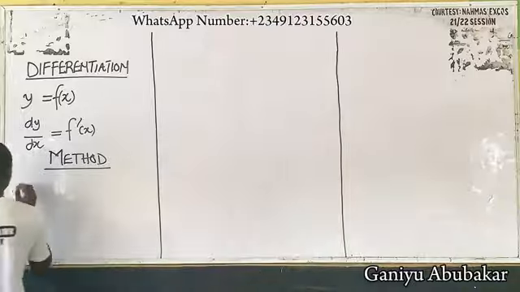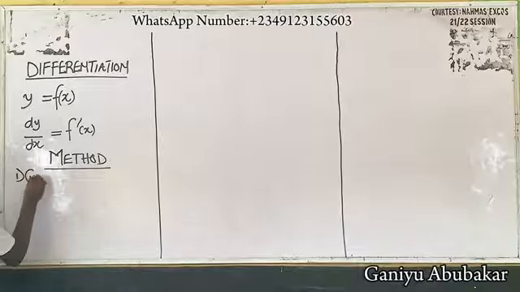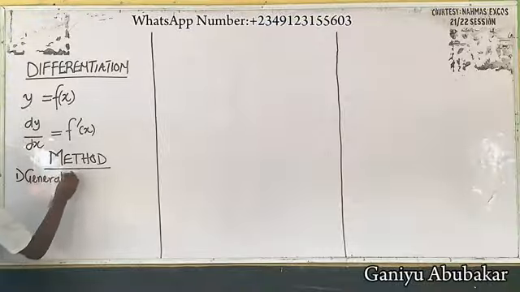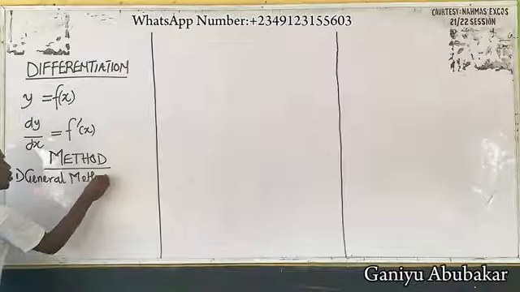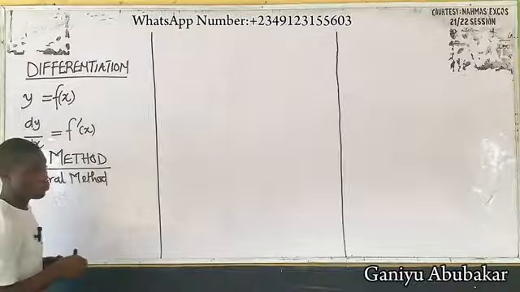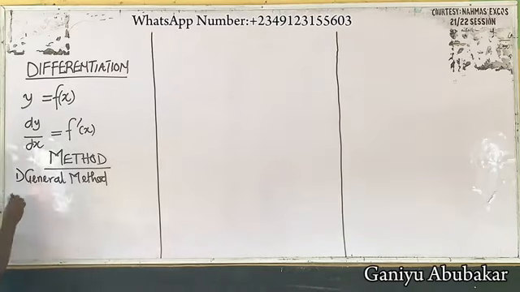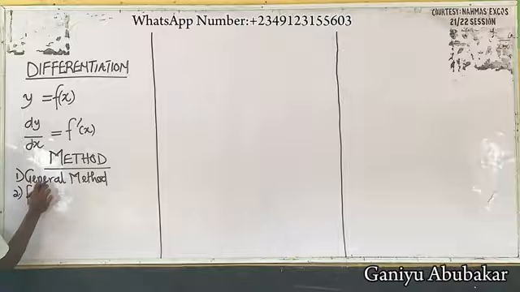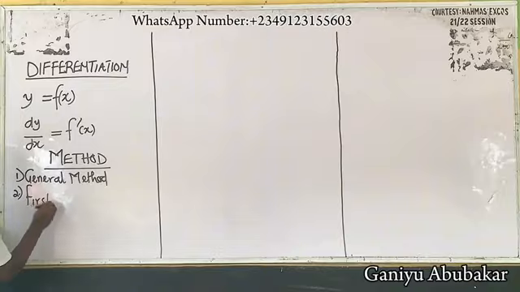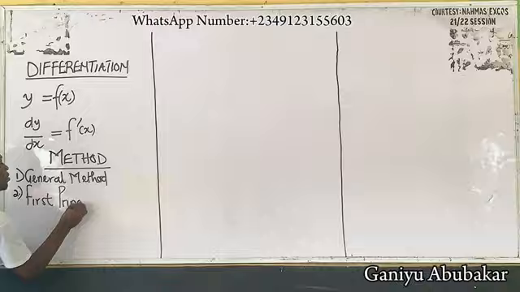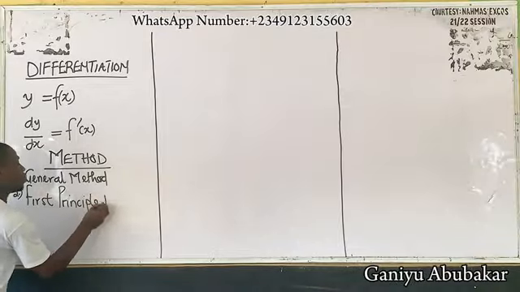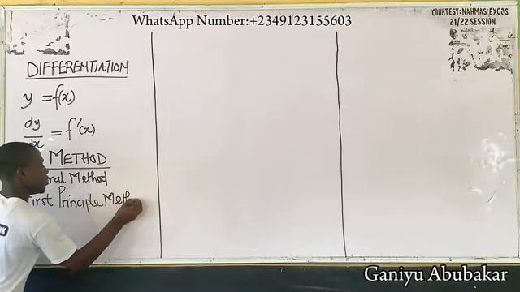So the first one there is called the general method. Some people call it the power method. If you want to, you can call it the general method or the power method. So that's the first method. Number 2 is called the first principle method.